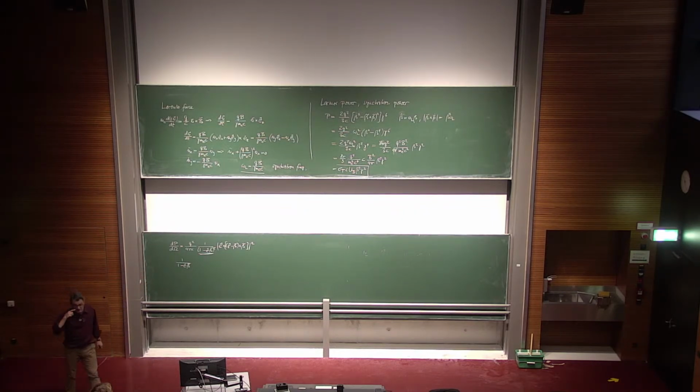Obviously, if the velocity points in my direction and the velocity is very close to the speed of light, then this is an extremely large number. If the velocity is perpendicular to the line of sight direction, this is just 1.